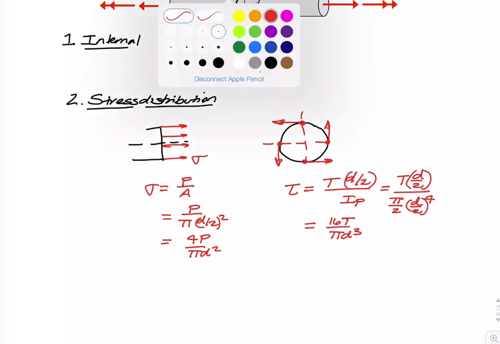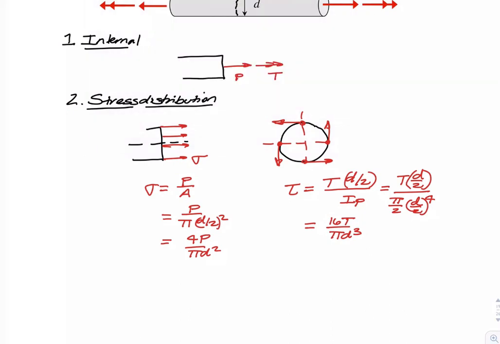So I'm in the process then of drawing my stress cube. What I'm going to do is choose an element somewhere here. In fact, let me be more precise and choose this element right there.